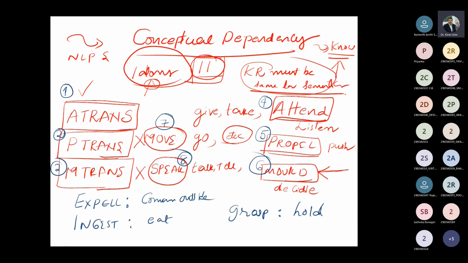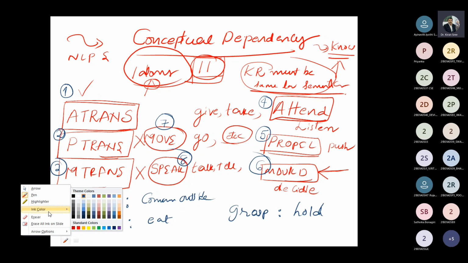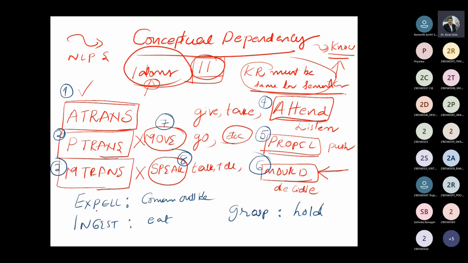All these are 11 primitives that are very important, and everybody has to remember this, because without conceptual dependency, people will not ask you queries in this particular unit. This is the ninth primitive, which is very important. This is the 10th one. This is the 11th one. Ingest is to eat something.